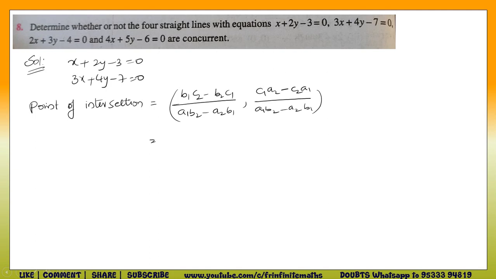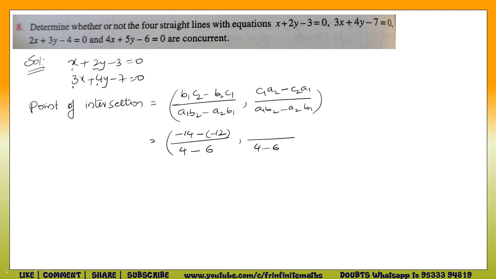Now substituting the values: b1c2 is 2 into -7, which is -14, minus b2c1, 4 into -3, which is -12, divided by a1b2, 1 into 4 is 4, minus a2b1, 3 into 2 is 6. The same thing here also: 4 - 6.